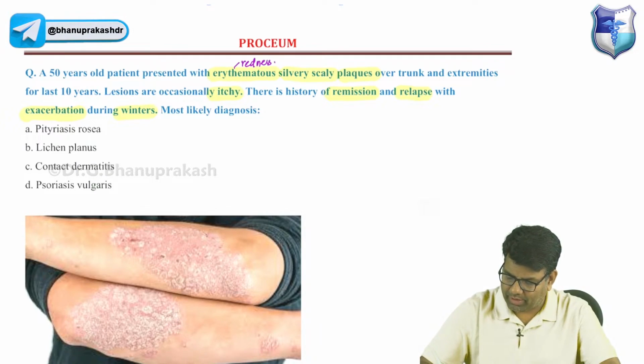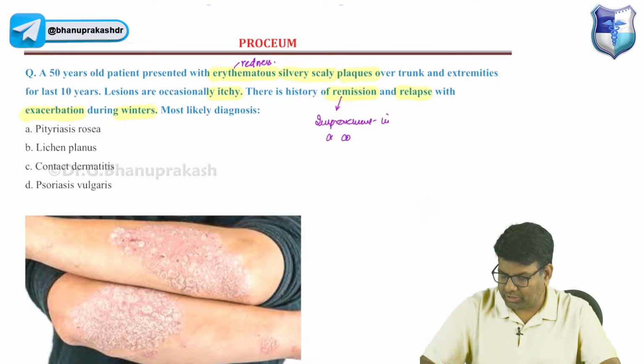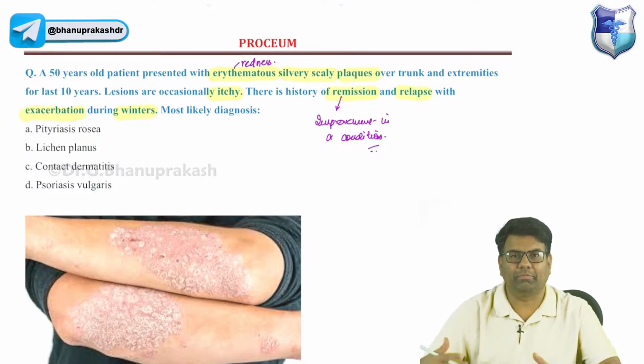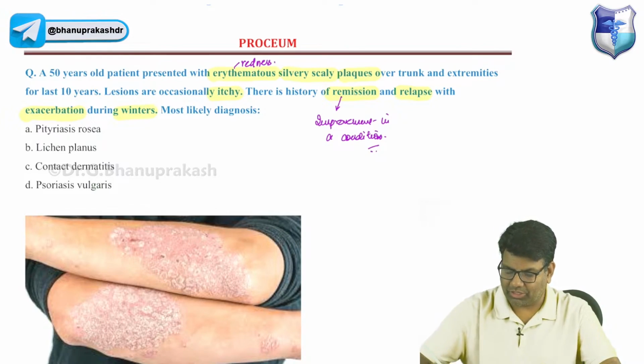Apart from that, you will find a few words like remission. Now, anyone, what do we mean by remission? Improvement in a condition. So the patient will feel that I am cured. And what does the word relapse mean?